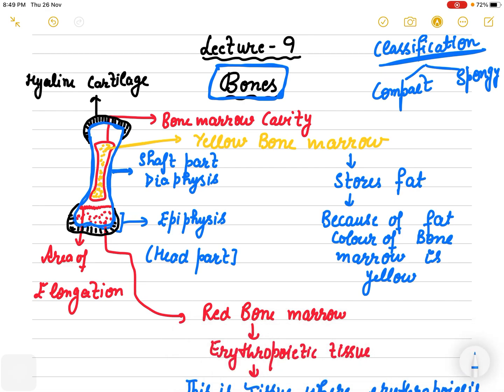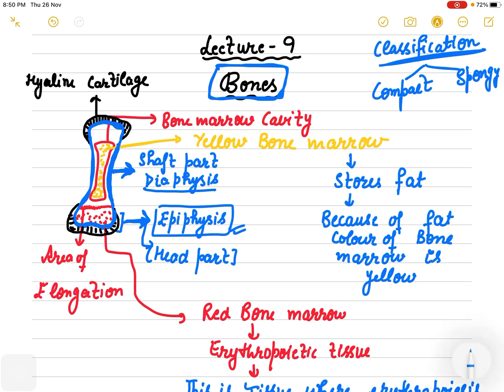This is the narrow part, and the narrow part is known as shaft, which is known as diaphysis. And the other part, which is the head part of the bone, this portion, is called epiphysis, right?